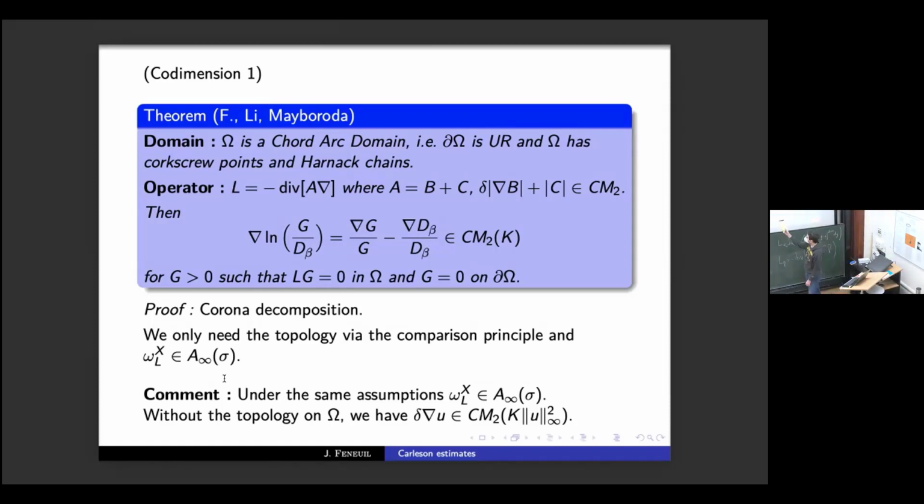Our condition about the topology, the corkscrew point and the Harnack chain, comes from the fact that we use the A infinity of the elliptic measure.